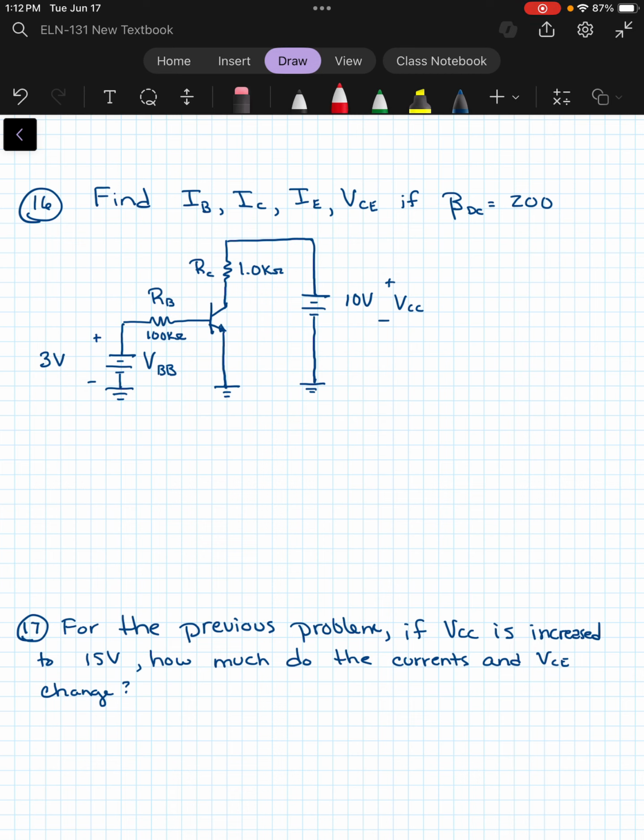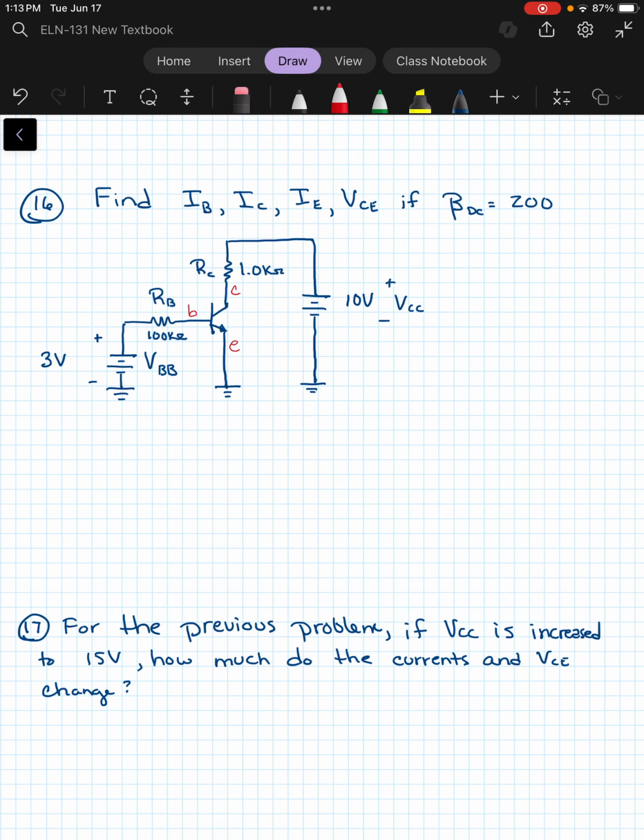So just to remind you, the base of our transistor is here, the collector is here, and the emitter is down here. Remember, the emitter is always the side with the arrow, and the base is always the middle that's going into what looks like a gate on the left-hand side. And so let's work through this and see if we can figure this out.